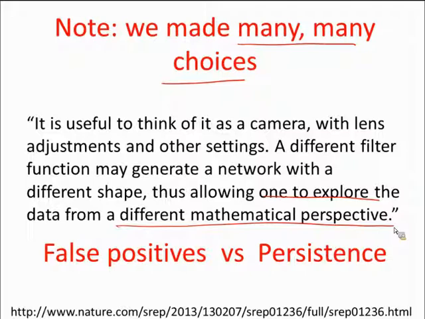Of course, when we do have lots of choices, we can get a lot of different results that may or may not actually be applicable. They may not be real. We might have some false positives. But if they persist over a variety of choices, then there's a good chance that the result is actually valid.